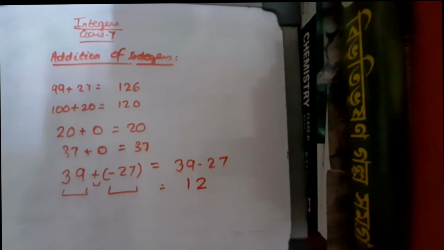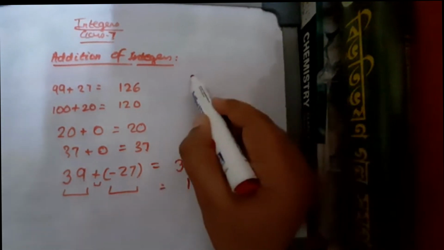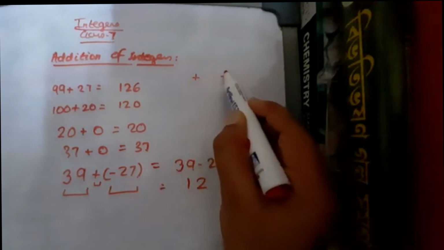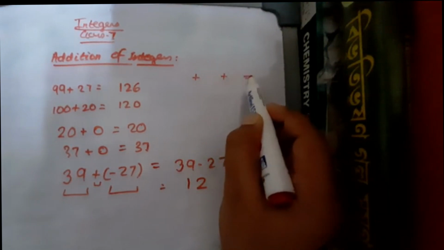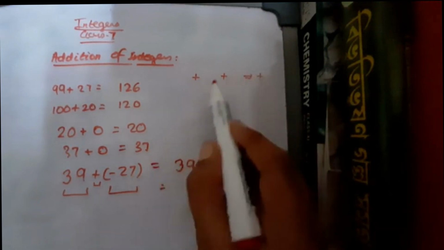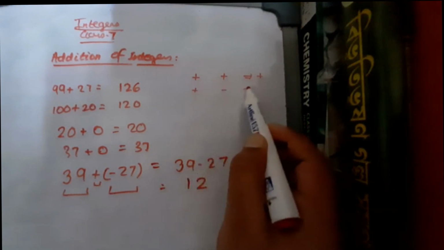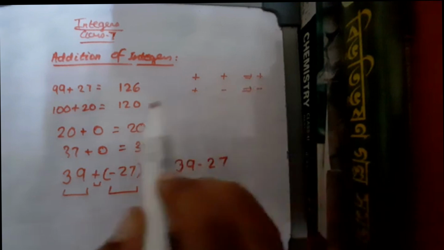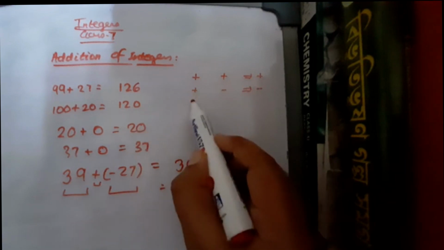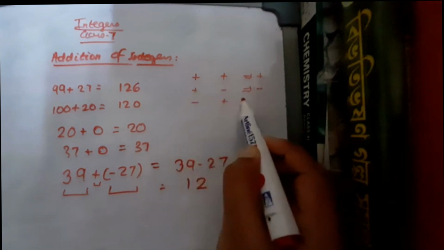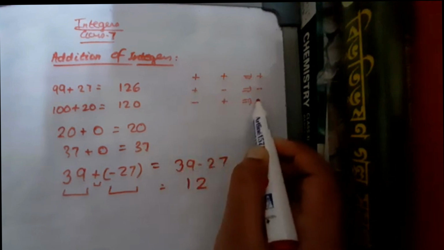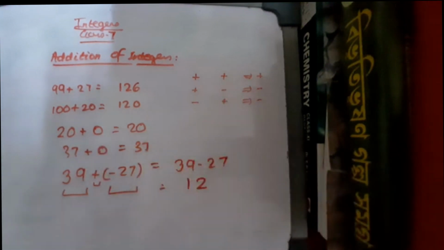So when you have to add a positive integer to a positive integer, you simply have to perform the addition operation. When you have to add a positive integer to a negative integer, you have to perform the subtraction operation. When you have to add a negative integer to a positive integer, you will have to do the subtraction operation.